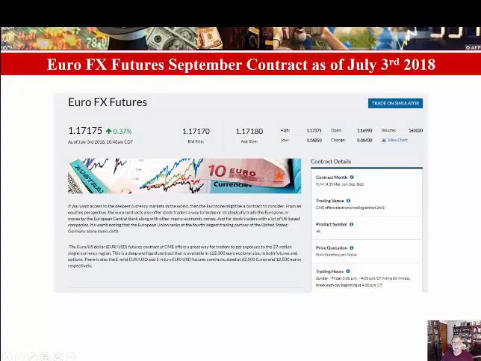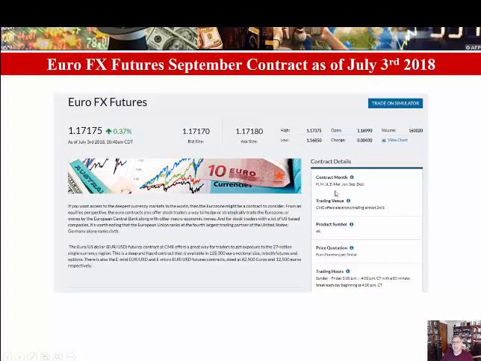Here's an example. I just pulled this up from the CME website. This is the information about Euro futures. On the date that I looked at it, which is July 3rd, the price per unit euro was $1.17175.